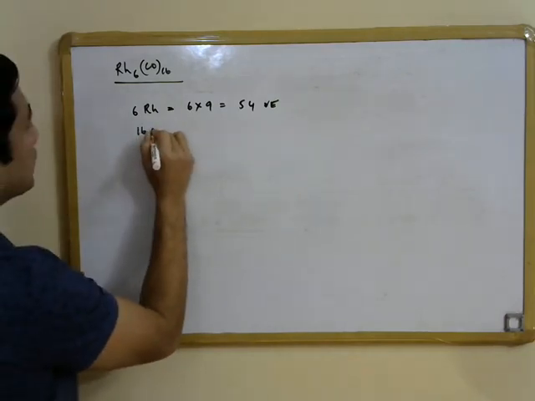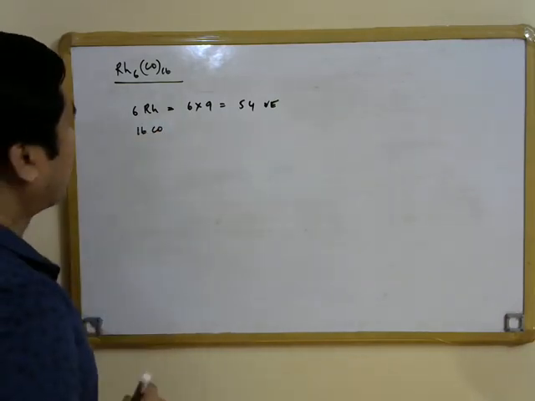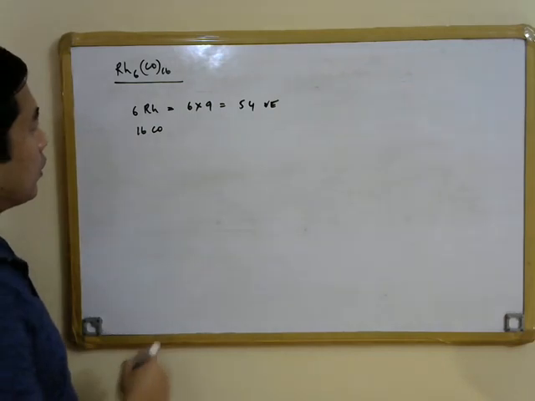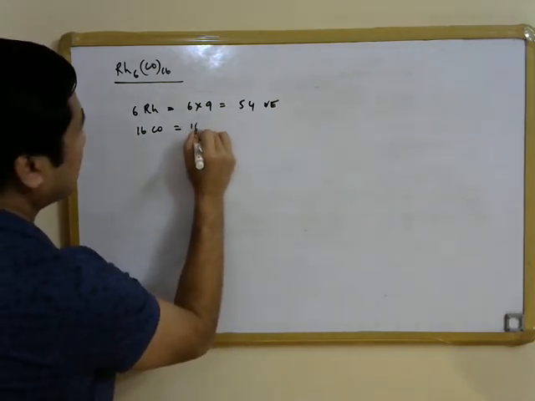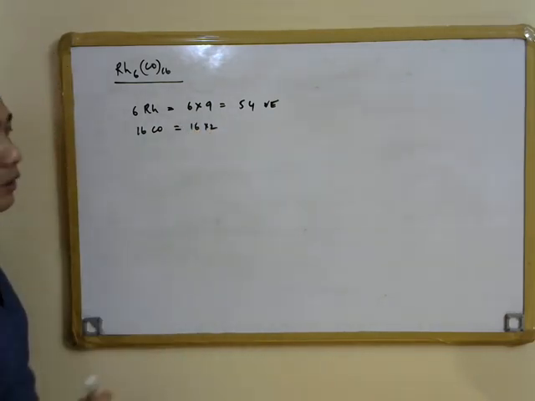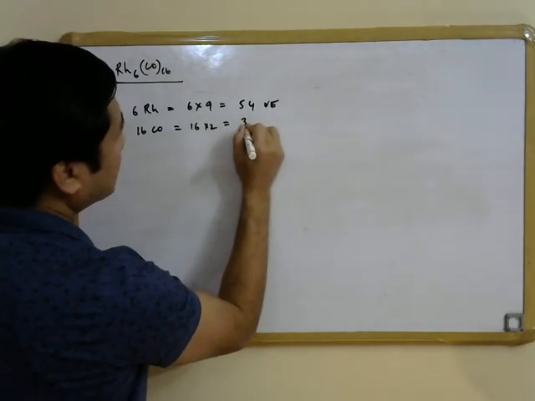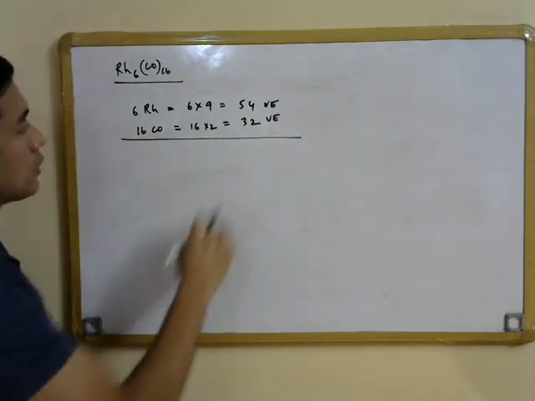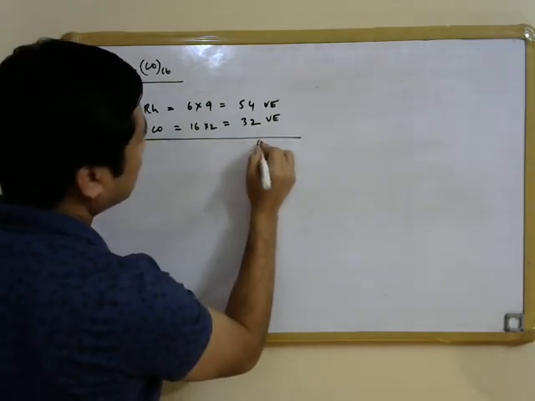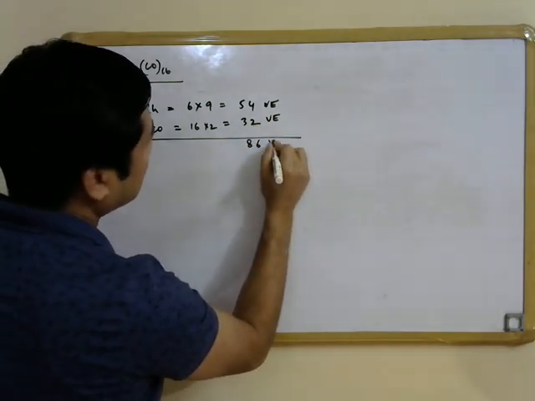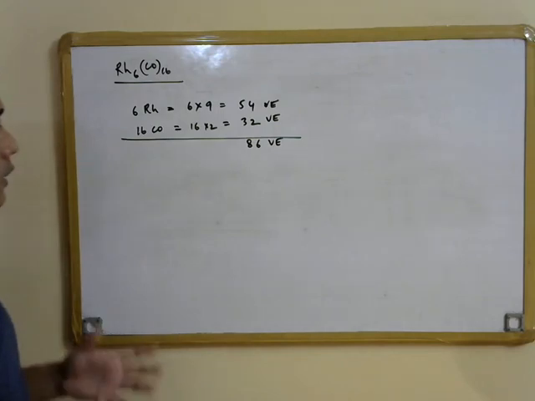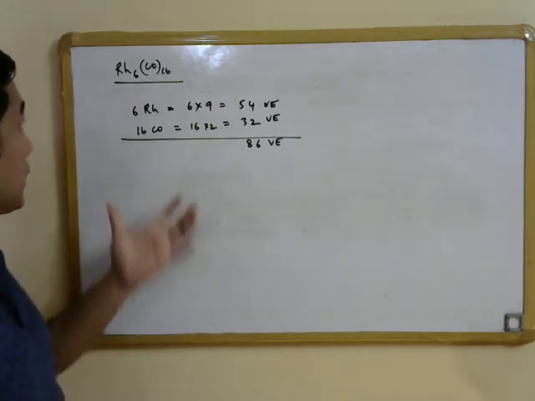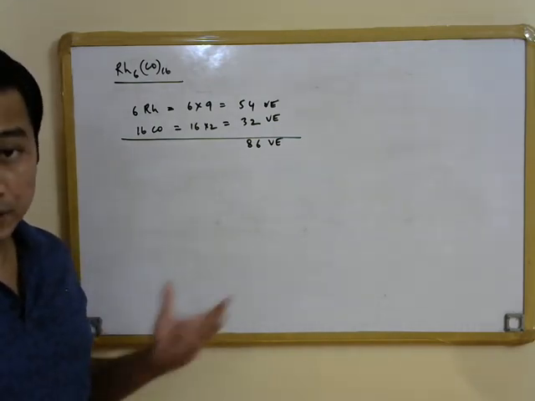Then we have 16 CO, and each of these carbonyl groups is going to provide 2 electrons. So what we have is 32 valence electrons from the carbonyls. So the total is 86 valence electrons in this metallic carbonyl cluster.